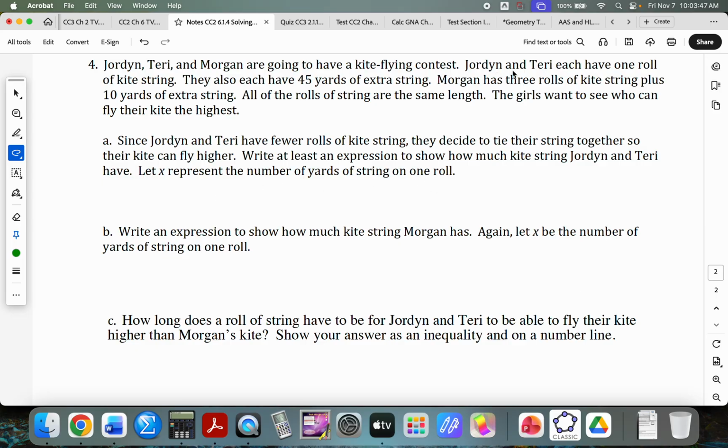So Jordan and Terry each have 1 roll of string, plus they each have 45 yards of extra string. So if they tie them together, that's X plus 45 for one of the girls, plus X plus 45 for the other girl. So together, grouping the like terms, they have 2X plus 90.